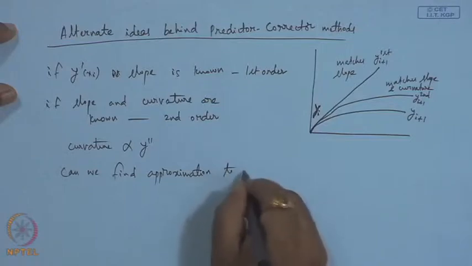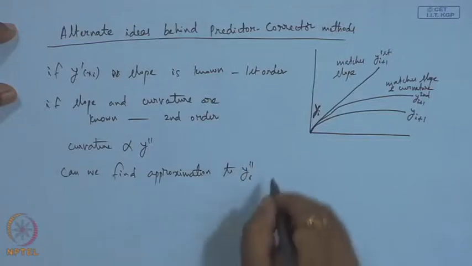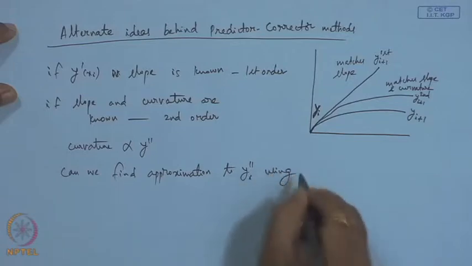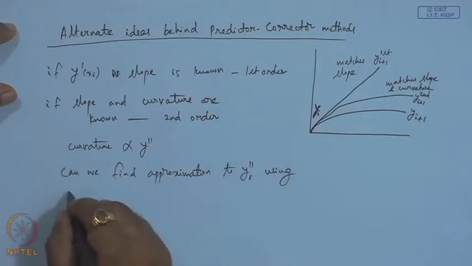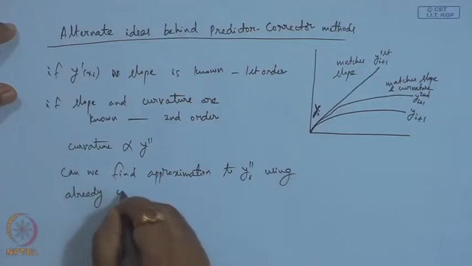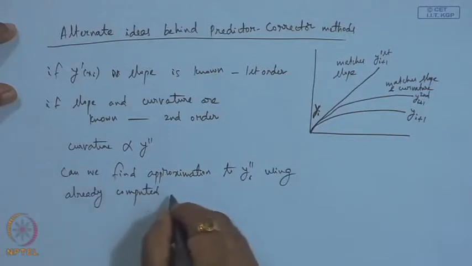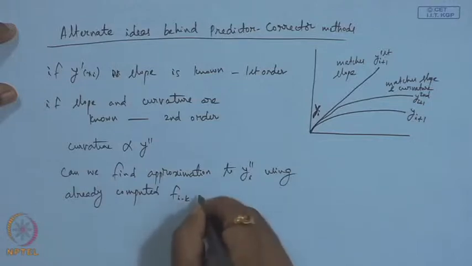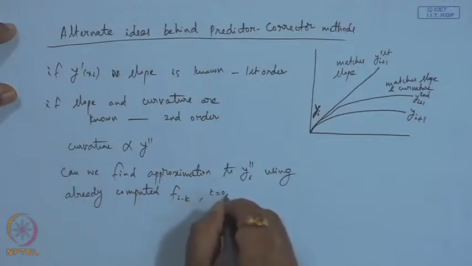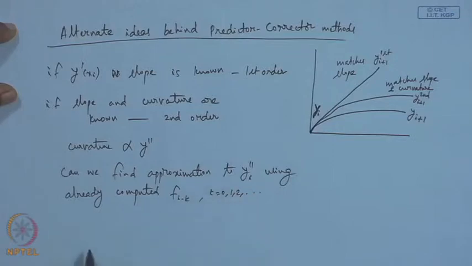an approximation to y i double prime using already computed values.